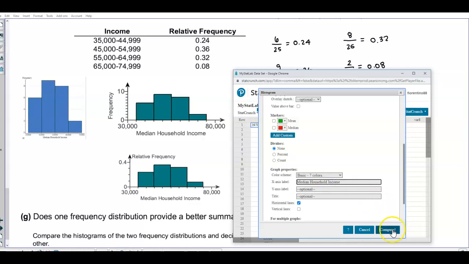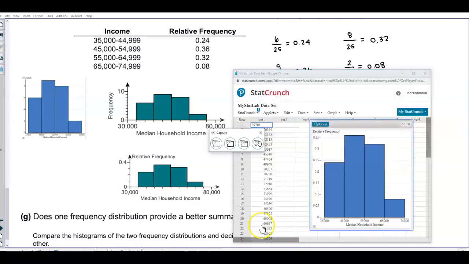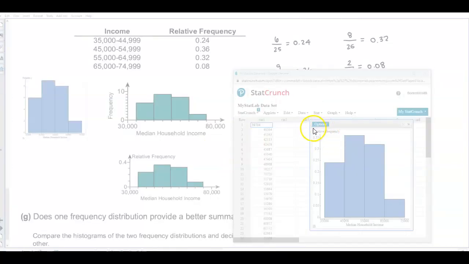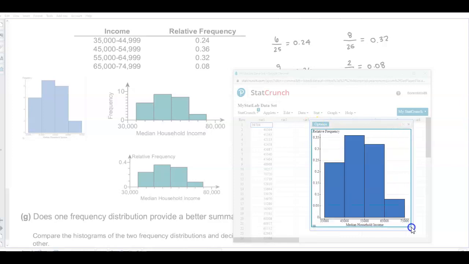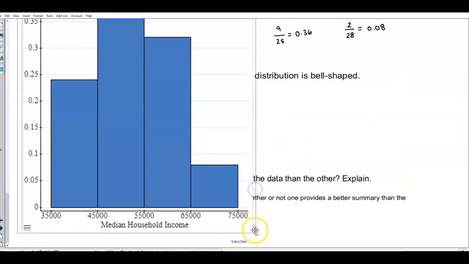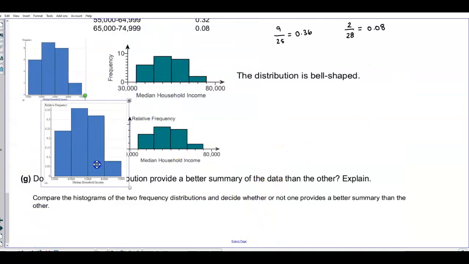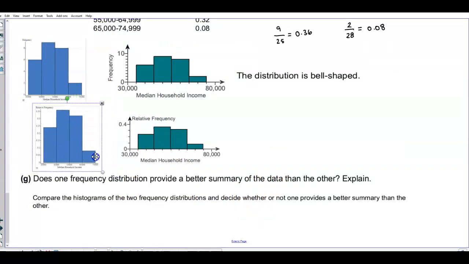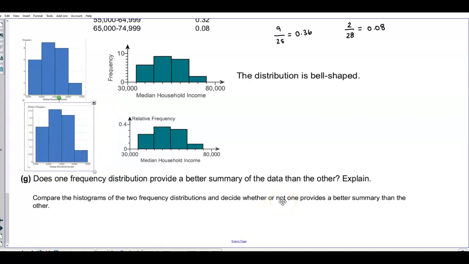Make sure it's spelled correctly. And then there is our relative frequency. Okay, so there is our graph from StatCrunch. If you take a look again, you can see that the shape is still going to have a bell-shaped distribution.